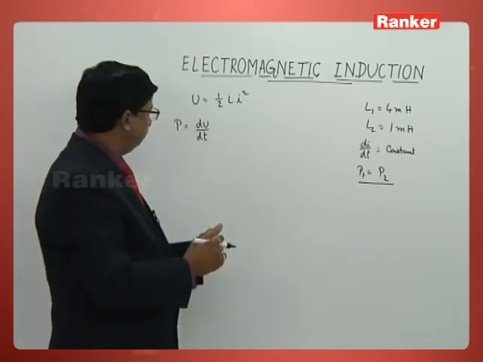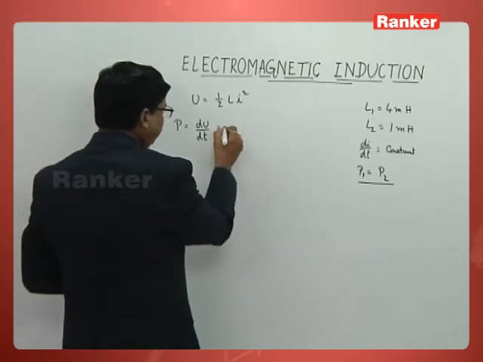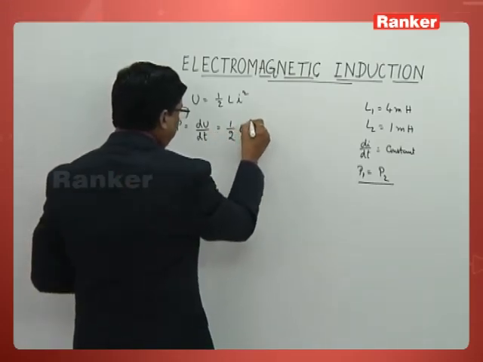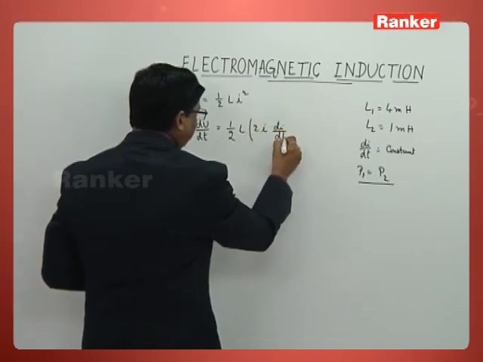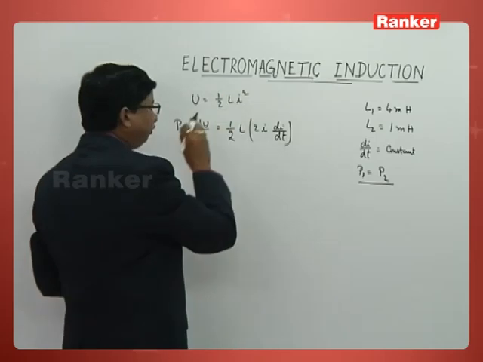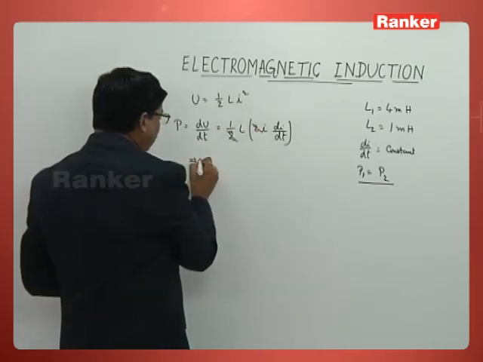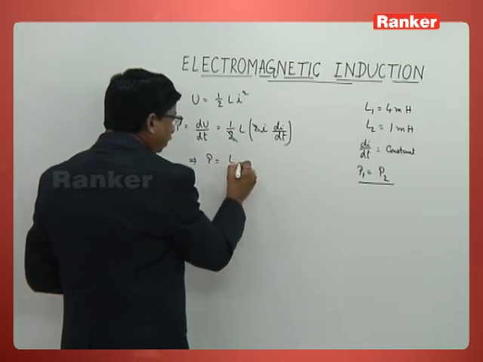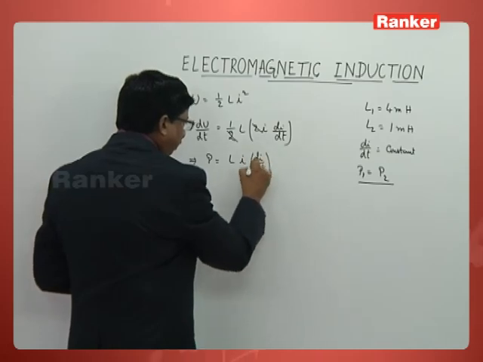It's energy over time. That's what is called power. Now in this particular case, you can write half L into 2i di by dt. That is the way we used to write this equation. I have already told you. 2 getting cancelled, you are now left with power is equal to L i di by dt.